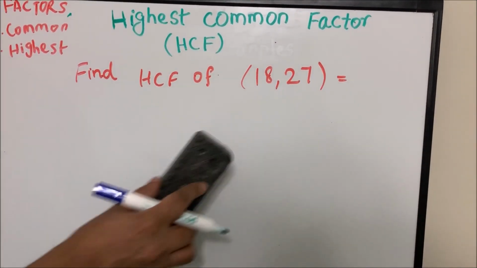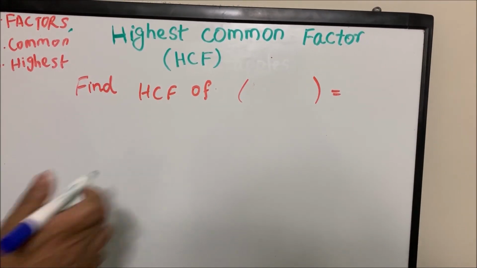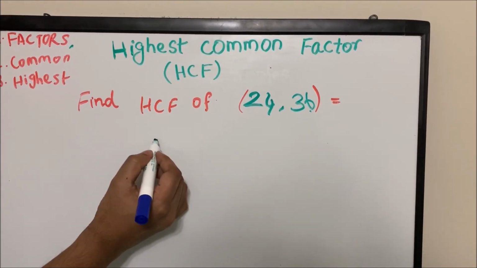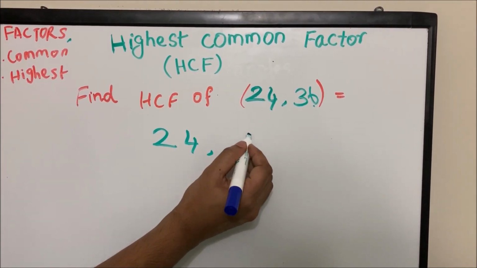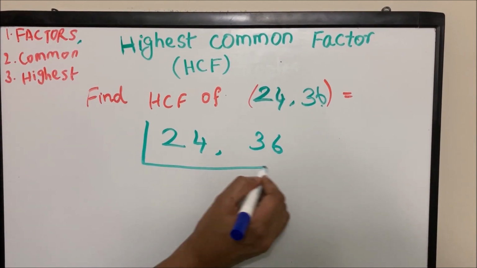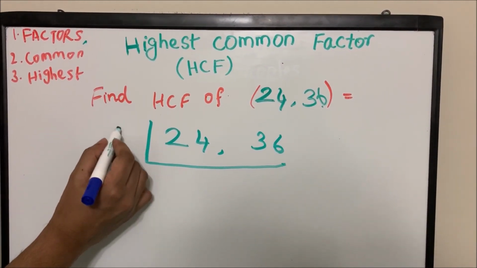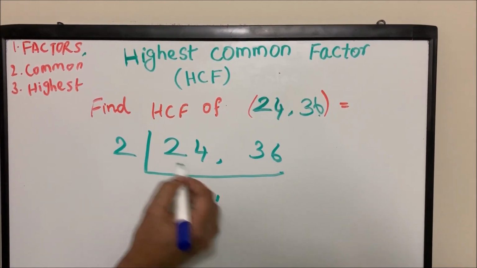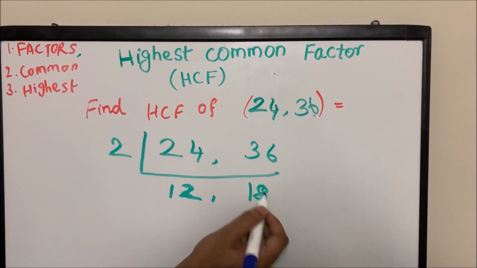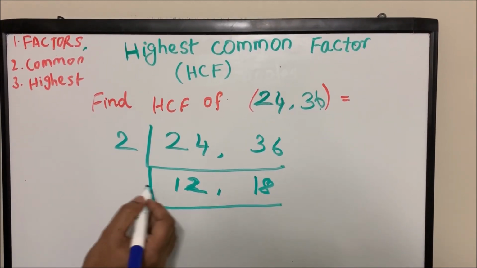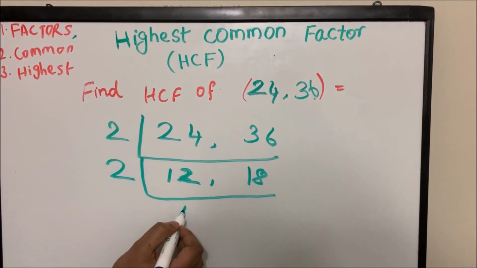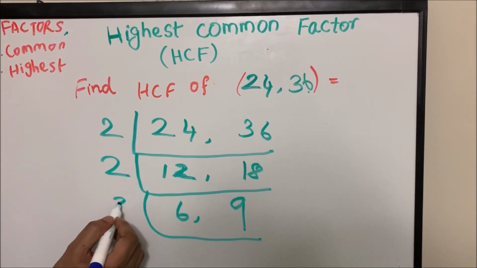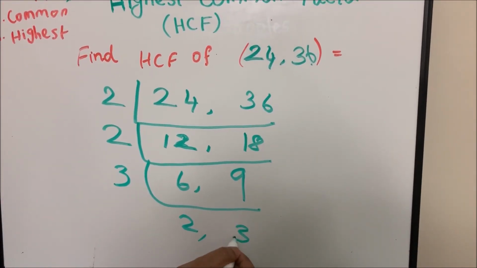Let us take another example, say 24 and 36. Taking 2, we get 12 and 18, then again 2, 6 and 9, then again 3, 2 and 3.